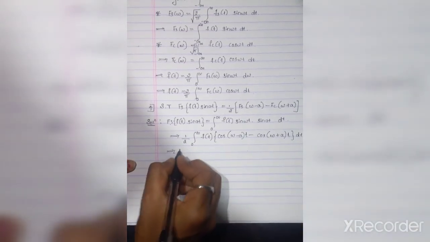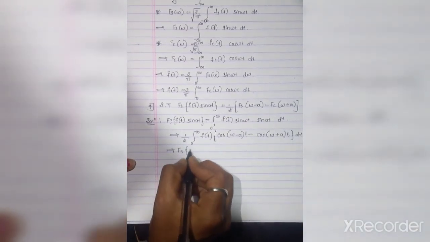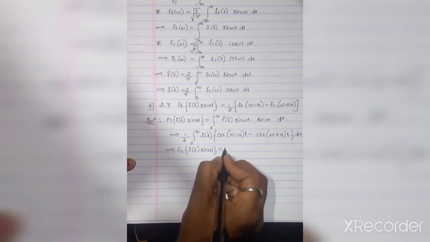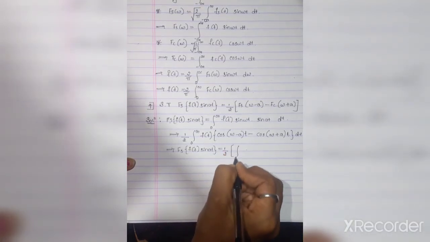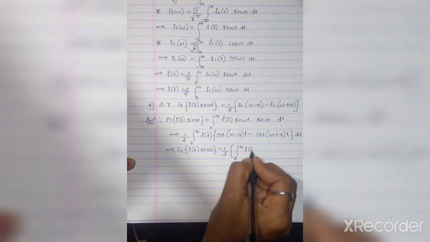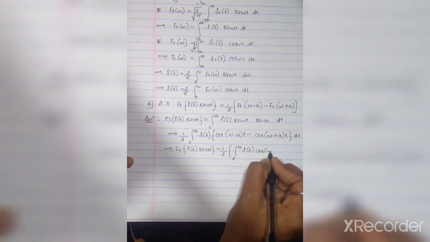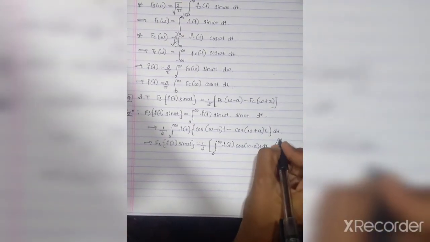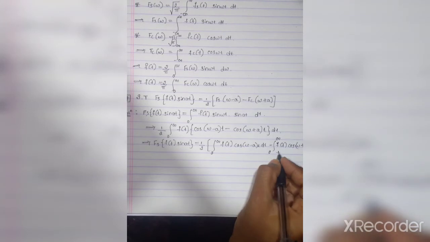Now Fs of f of t sine at is 1 by 2 integration from 0 to infinity f of t cos of omega minus a into t dt, applying separately, minus integration from 0 to infinity f of t cos of omega plus a into t dt. Clear?